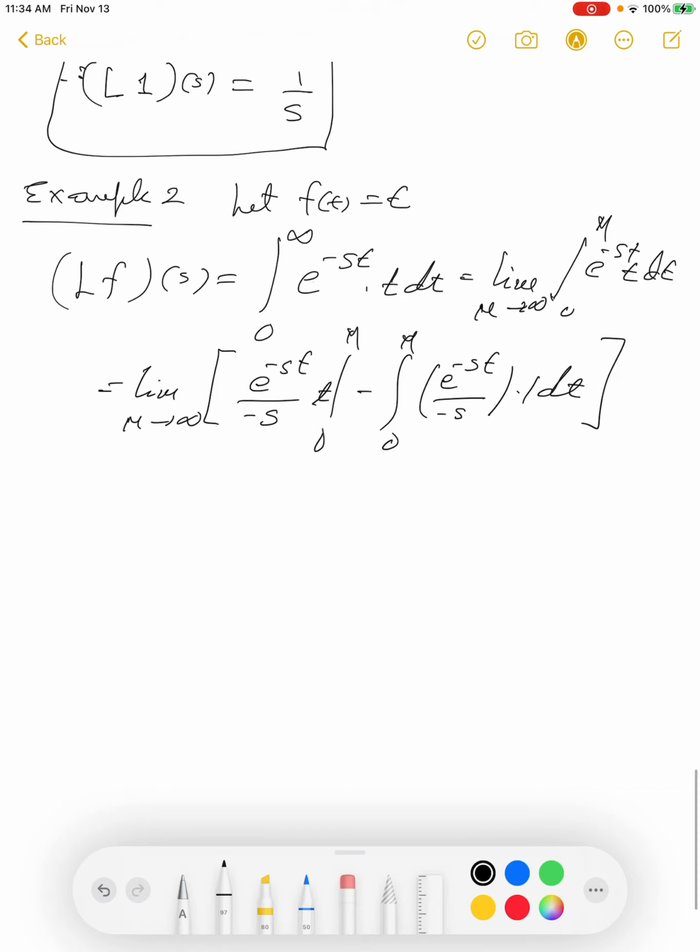So because of the negative sign, I evaluate this at 0 first. At t equal to 0, you will get 0. Minus, at t equal to m, you get e to the minus sm times m by s.